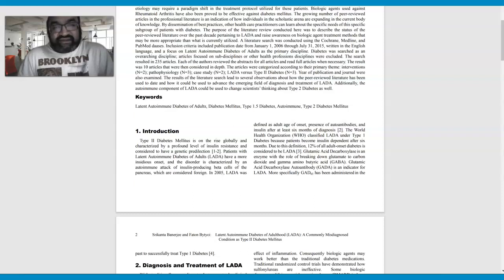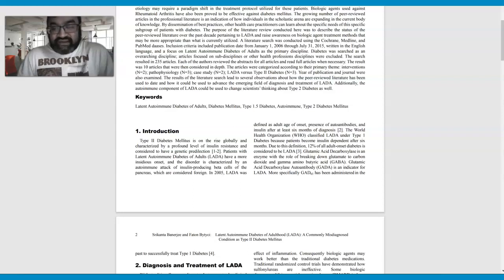So I decided to start with comparing this to type 2 diabetes mellitus. Because this is on the rise and it's unrecognized, I would presume that there is underdiagnosis or improper diagnosis of this condition.